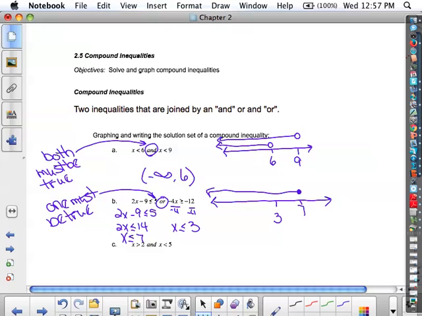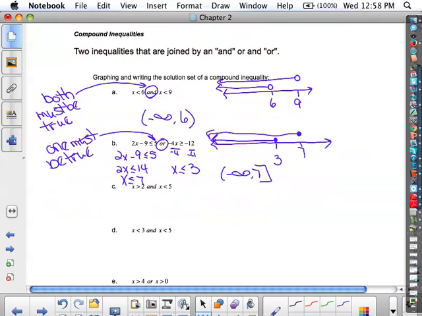It's less than or equal to 3, so it's going to look like this. But in this instance, instead of both must be true, we have 1 must be true. So the interval will be from negative infinity to 7 inclusive. Okay, negative infinity to 7 inclusive.